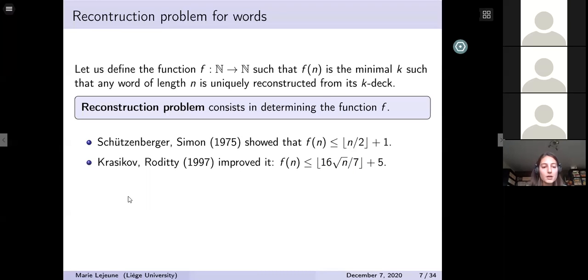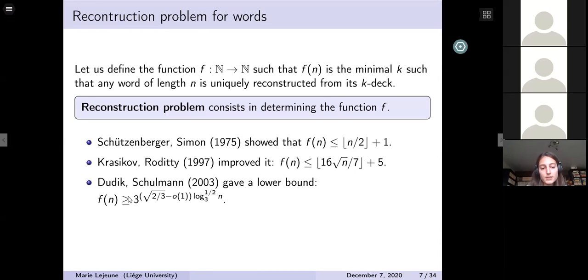Another important result is by Dudík and Schulman, and they gave a lower bound. So they just say that k is at least this value. But there is still a gap between these two values, the upper and the lower bound. And there are probably a lot of other results that I don't especially know, but this problem is quite popular.